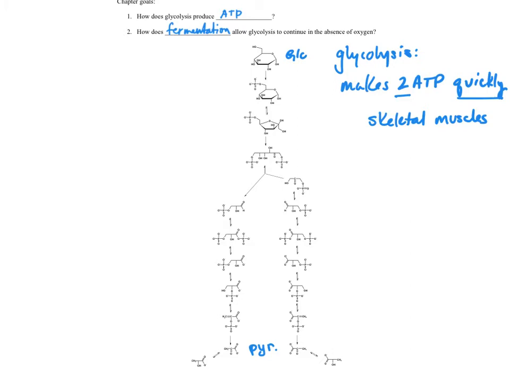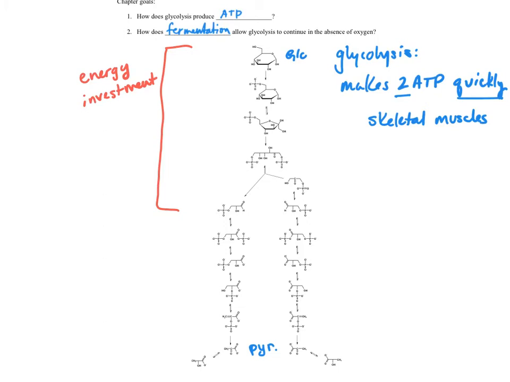Now, we can divide glycolysis into two sections. The first section is what we call the energy investment phase. And we're going to continue to use a money analogy here. You know, there's an old saying that to make money, you need to have money.